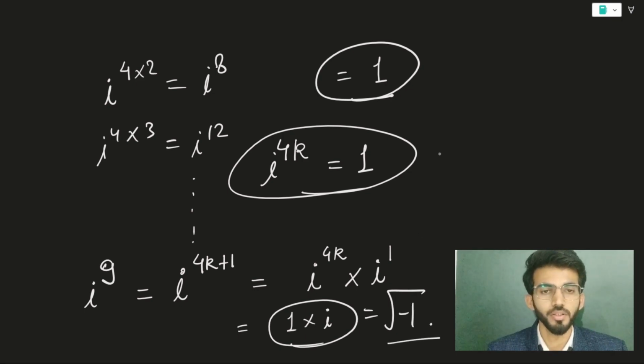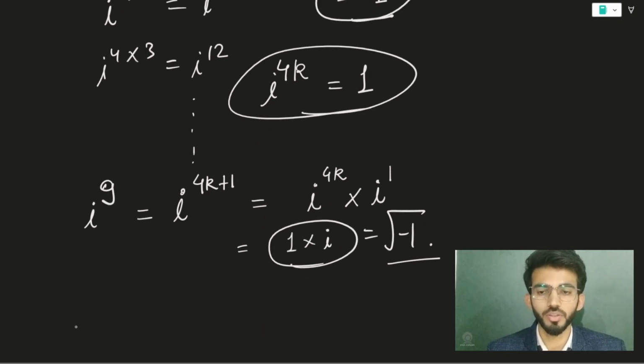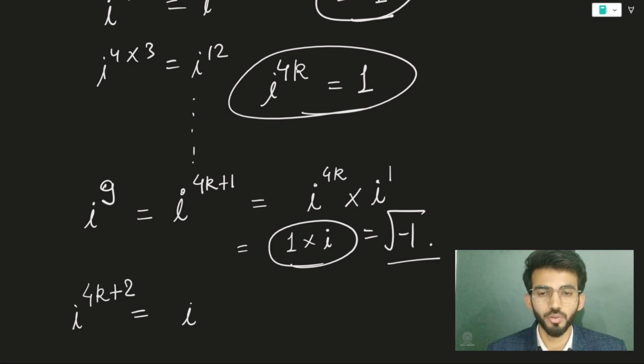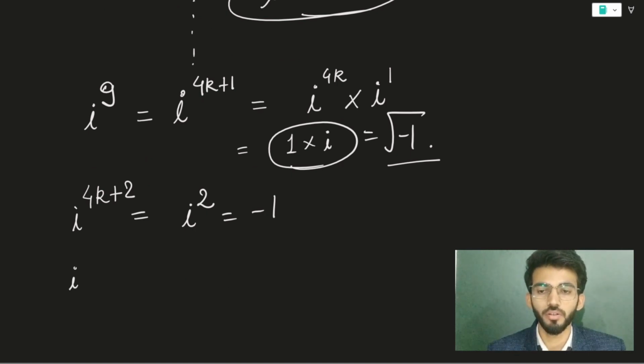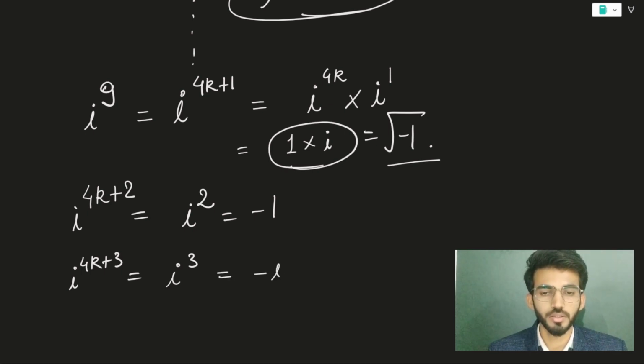Again, with the help of this concept, we can say i to the power 4k plus 2 is equal to i square, that is minus 1. And i to the power 4k plus 3, that is i cube, that is minus i.